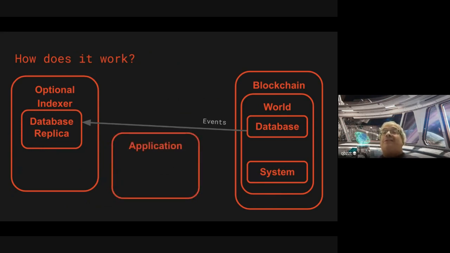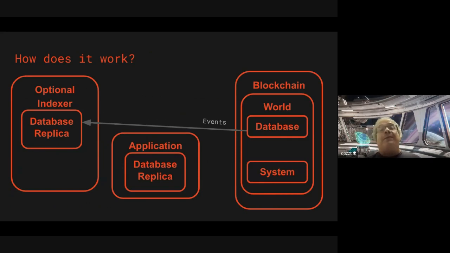The user starts the application, a player starts playing the game. Yay! One of the first things the application does is it builds its own database replica. And it could do it by going back to when the world was first deployed and looking at all the events.